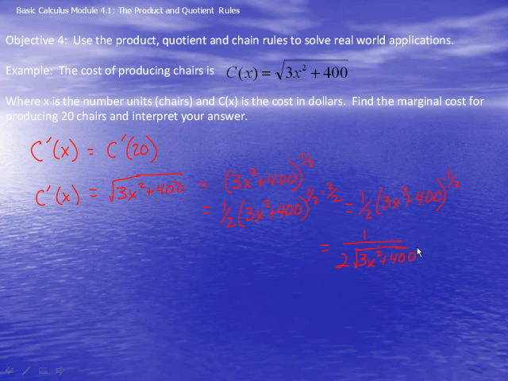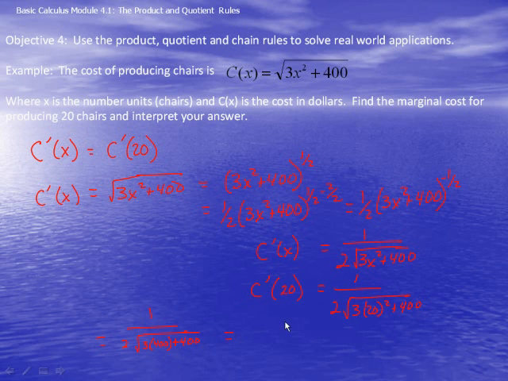Okay, now that we've done this, we've got c prime of x. Now let's find it for 20 chairs. So we're going to do c prime of 20, which would be equal to 1 over 2 times the square root of 3 times 20 quantity squared plus 400, which would be equal to 1 over 2 times the square root of 3 times 400 plus 400.